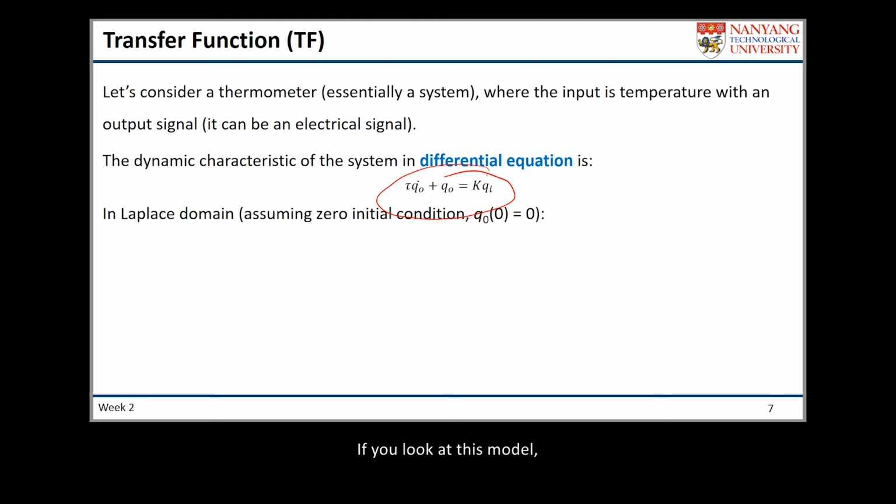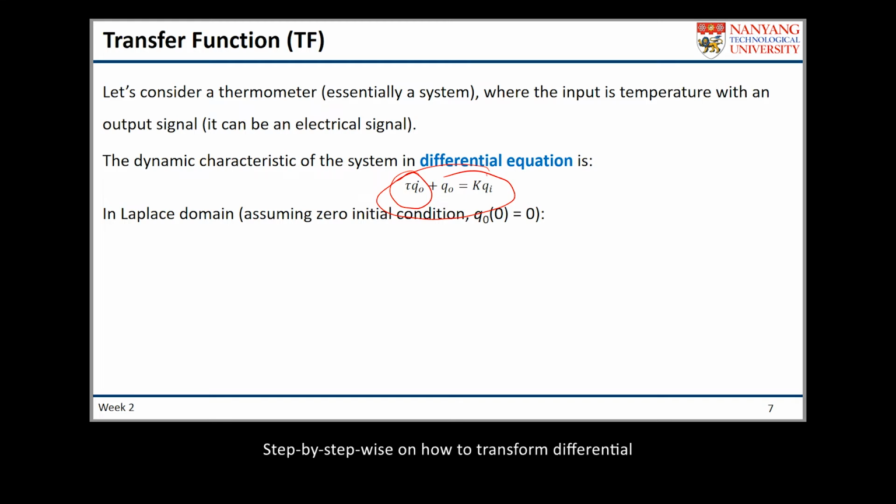This differential equation involves Qi, the input, Qo, the output, and also the first derivative of Qo, the output. The first term is the first derivative of the output. Because it involves derivatives of the output, this is a differential equation model. Now we want to transform this differential equation model to a transfer function form. How to do that?